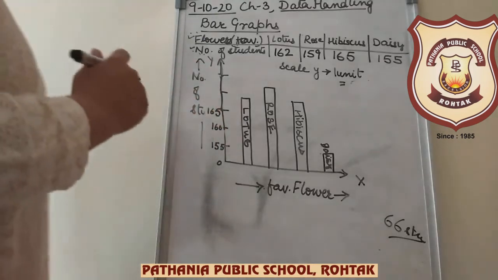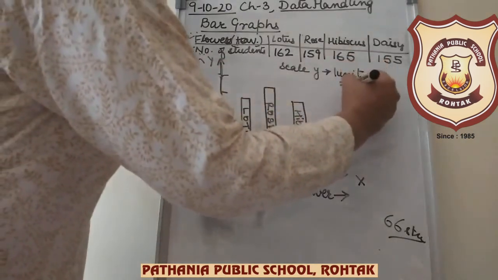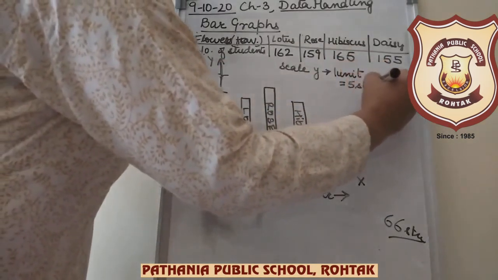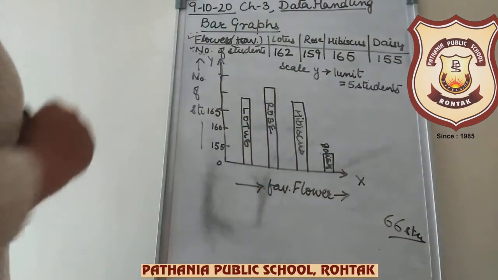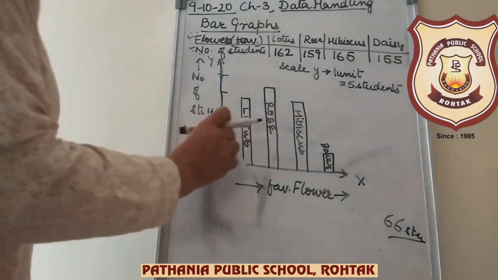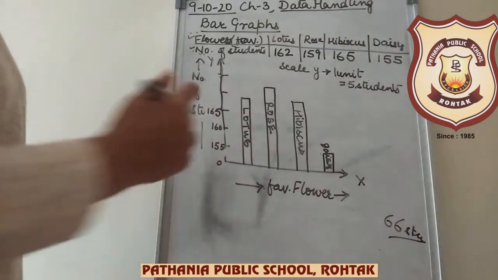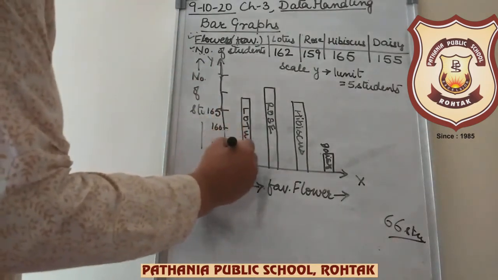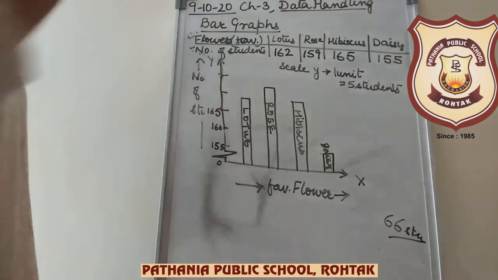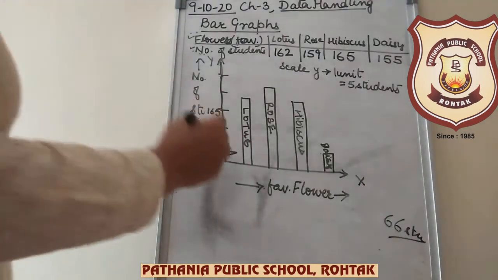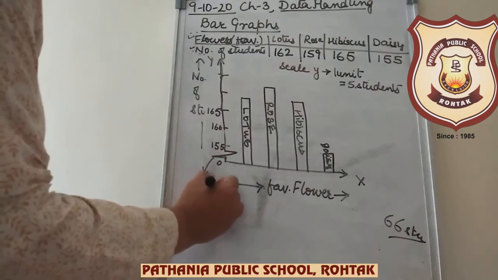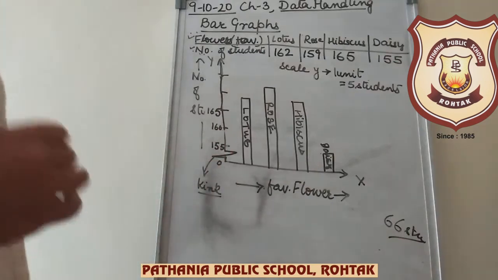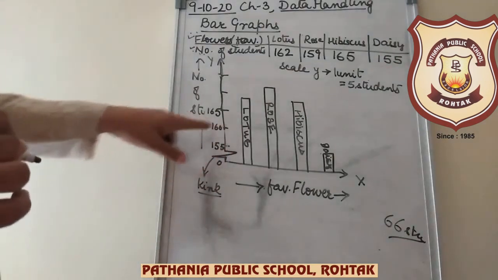So my unit is going to be 5 students. But what will I do here? I will draw a spring-like line which is called a kink. Clear? This kink is drawn.